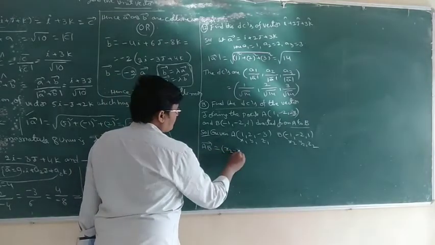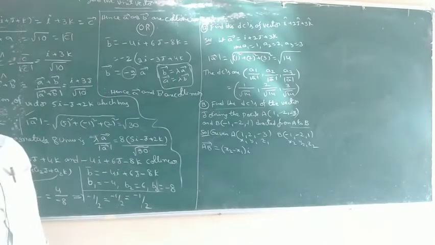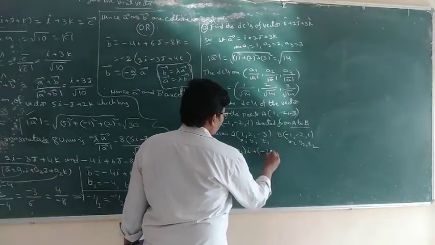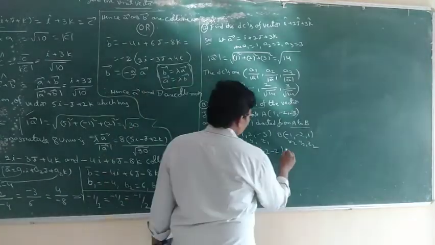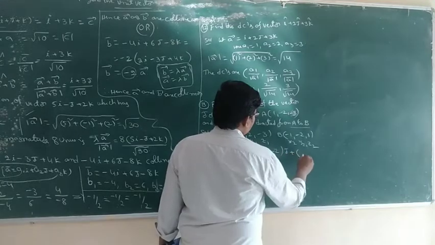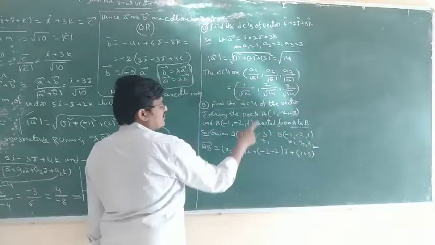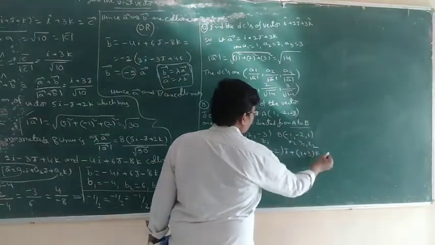The formula for the line joining two points is (x2 minus x1) into i plus (y2 minus y1) into j plus (z2 minus z1) into k.